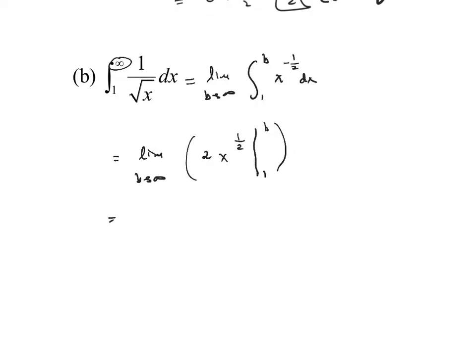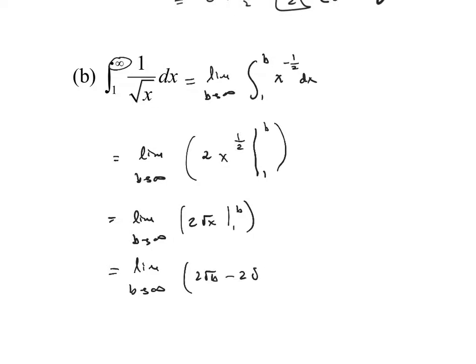So this is going to be the limit as b goes to infinity of 2 times the square root of x, evaluated from 1 to b. I'm going to actually evaluate it. It's going to be 2 times the square root of b minus 2 times the square root of 1.